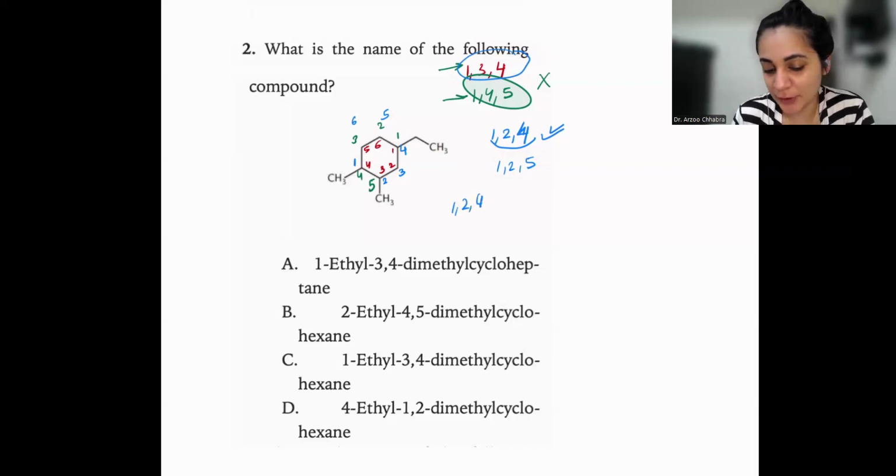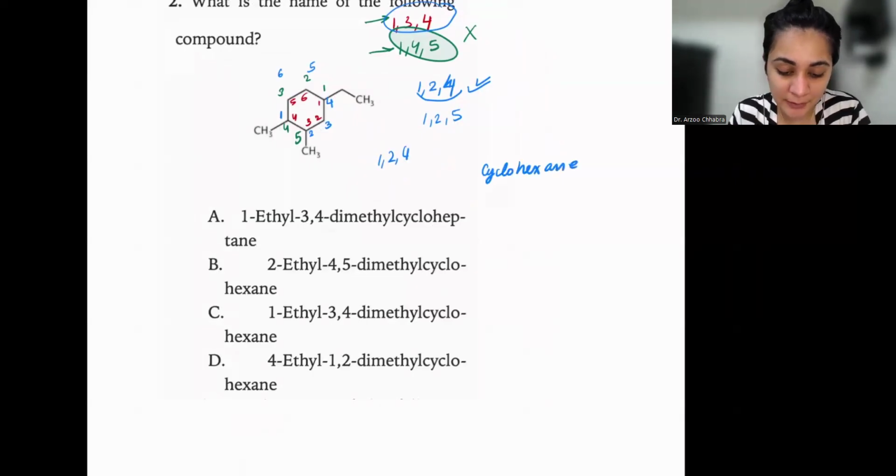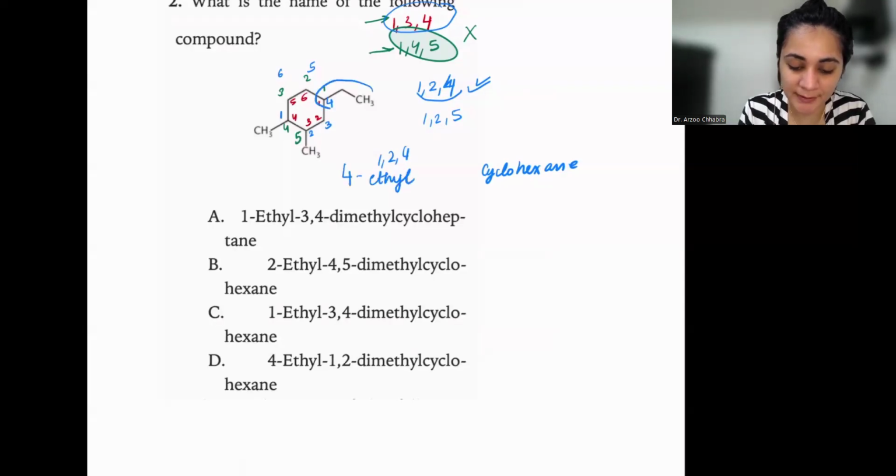Okay, now if we were to write the name of this compound, we have the parent chain, which is cyclohexane. And when we write the substituents, we write them in alphabetical order. So then we have 4-ethyl, right? Because at the ethyl group, we've got 4.